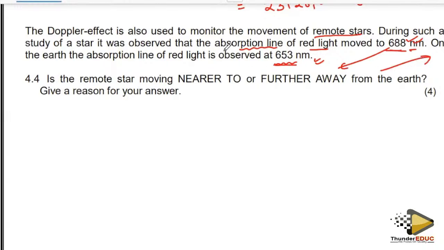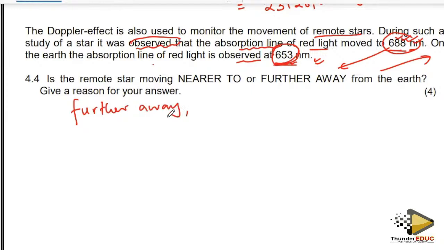Now, this is the observed wavelength from the star, and this is what is observed on the Earth. So what we can say is that this star is moving away. So it's moving further away.